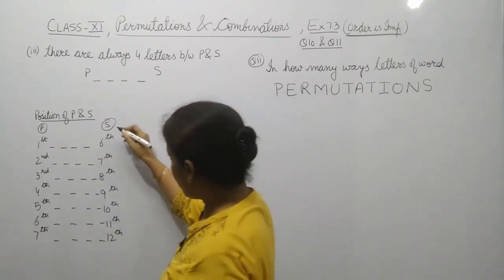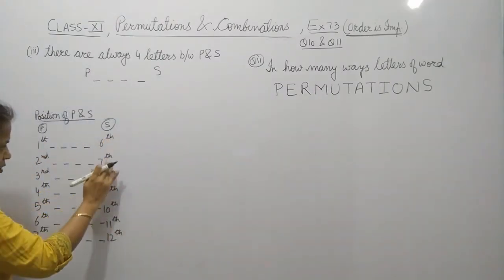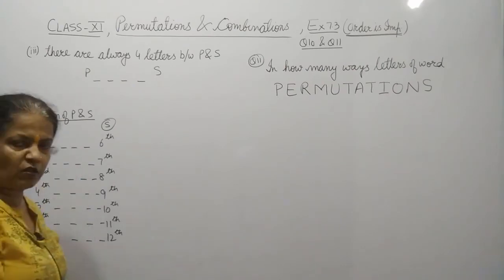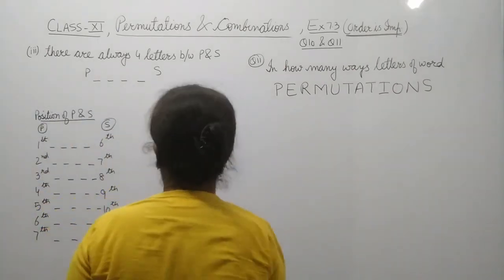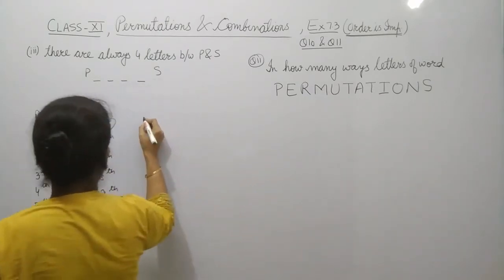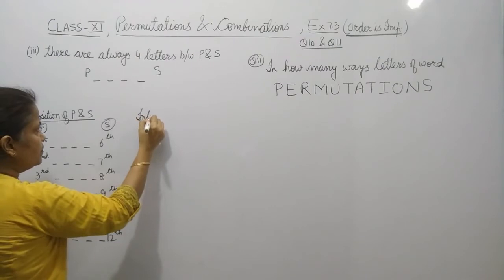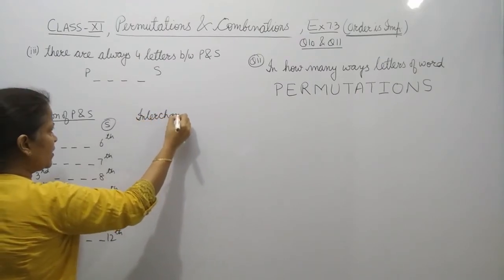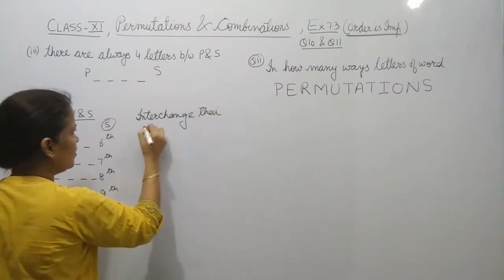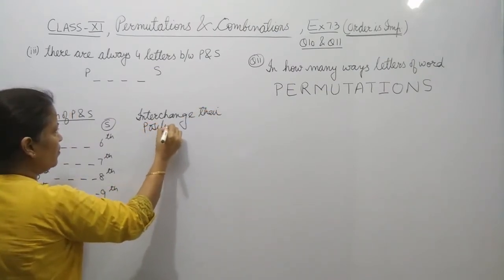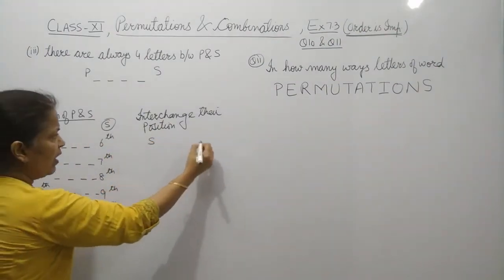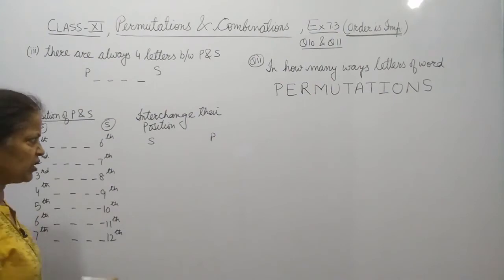So what will be the total cases here? 1, 2, 3, 4, 5, 6 and 7. There will be 7 positions for P and S together. But we can also interchange their positions, which means S will come first and P later on.